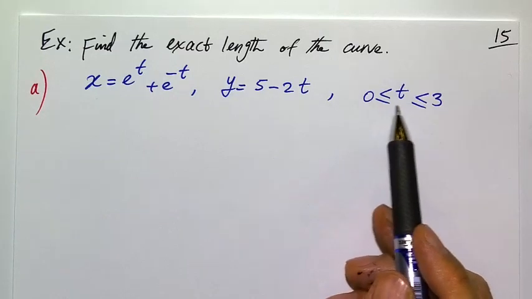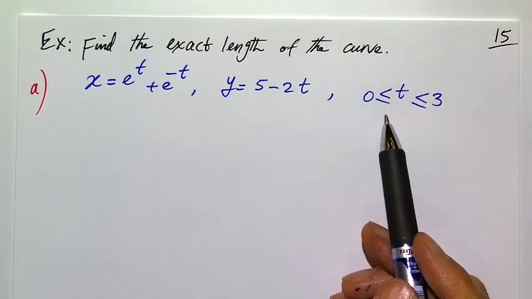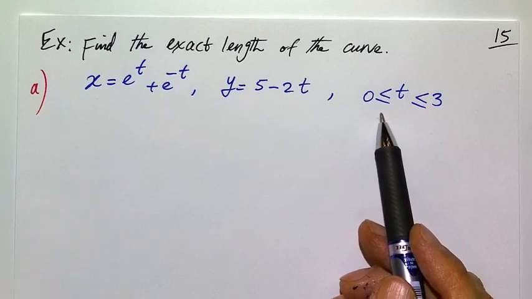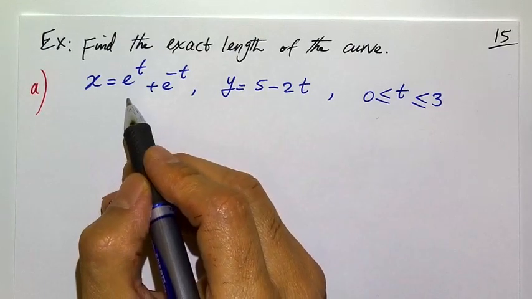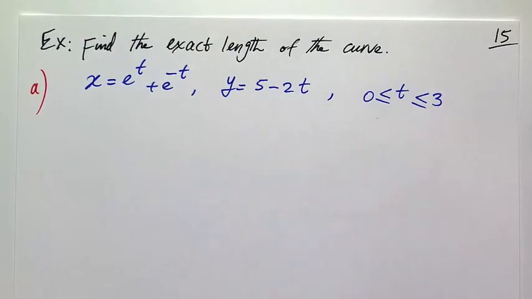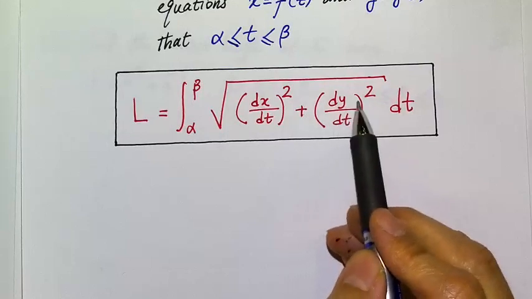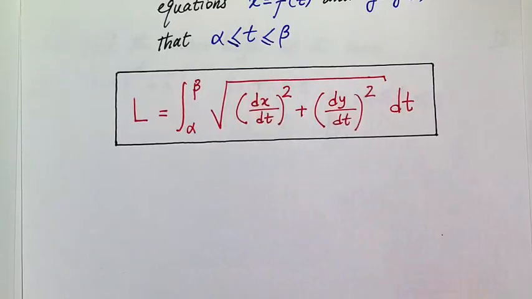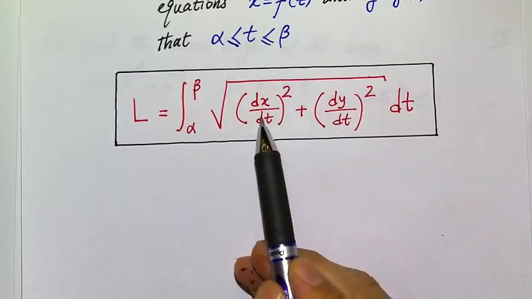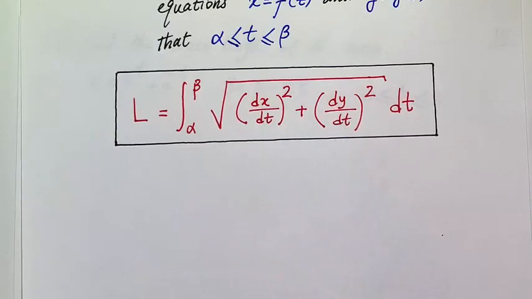So that basically tells us the limits of integration. Okay, so let's first find dx dt and then dy dt, right? We're going to need those two in order to find what we need to square and then add and take the square root of.